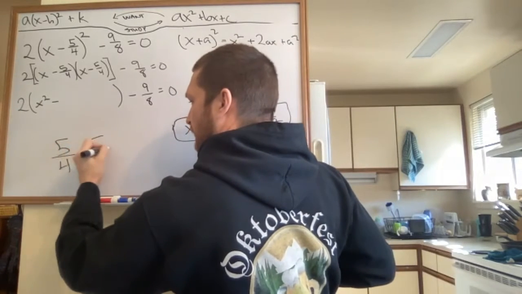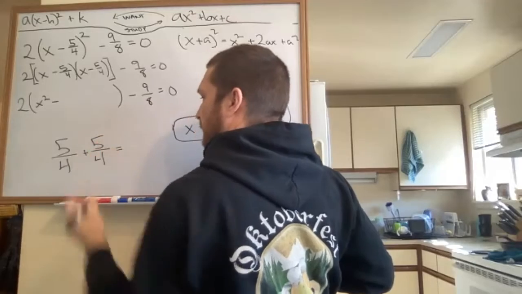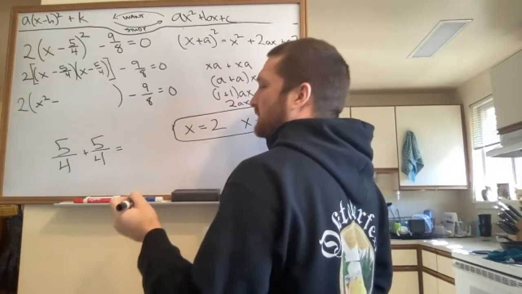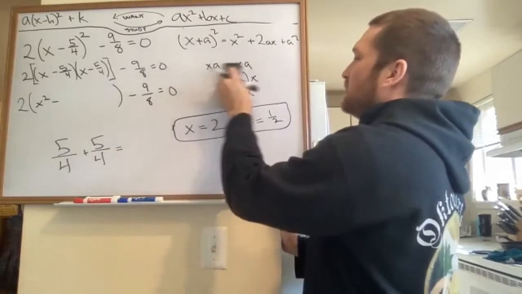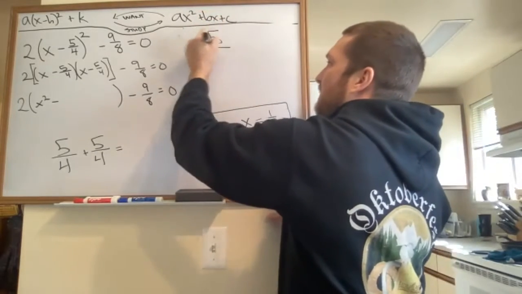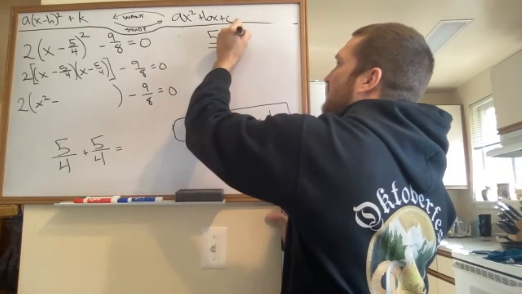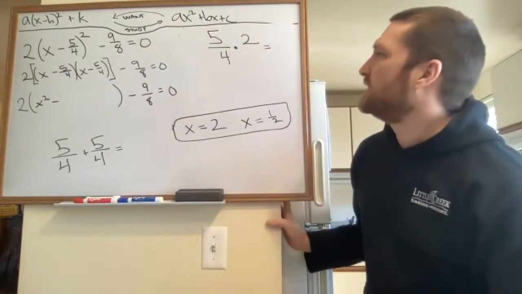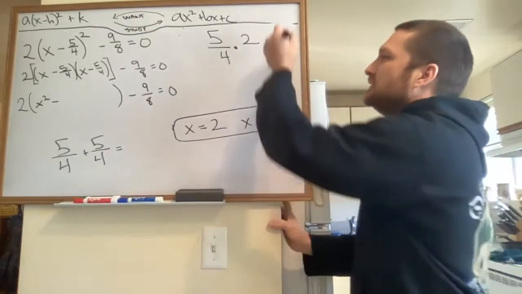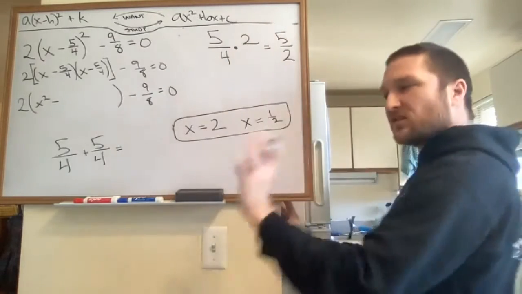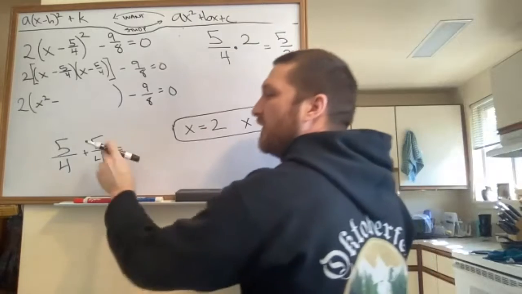So let's see, 5/4 times 2. Does anything cancel there? Yeah, the 4 does. So it's 5/2. There we go.